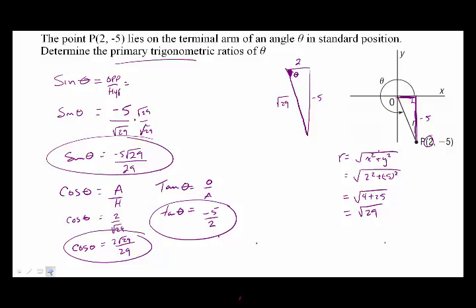Which one? The triangle is the same. I just plucked this and wrote it over here.